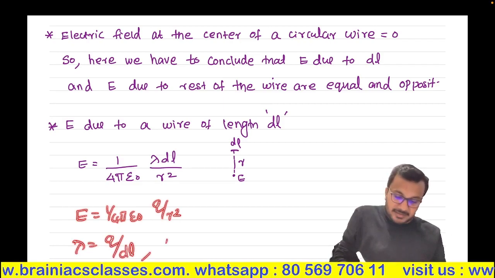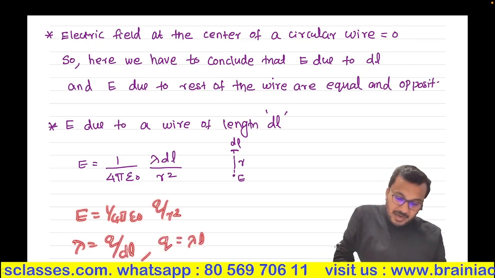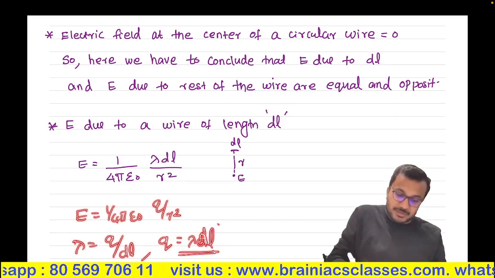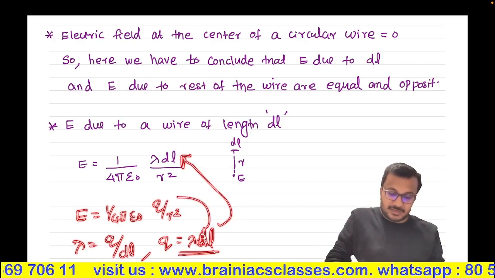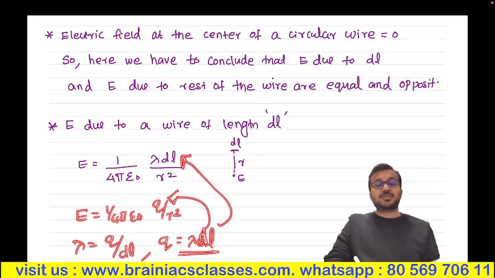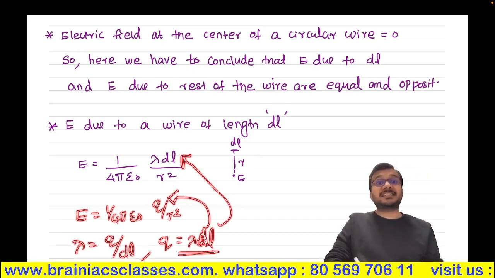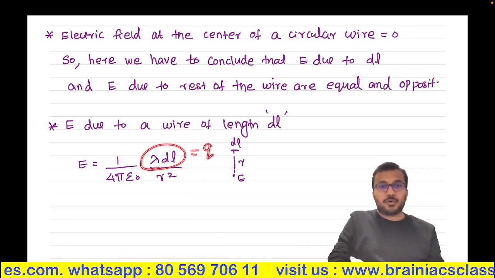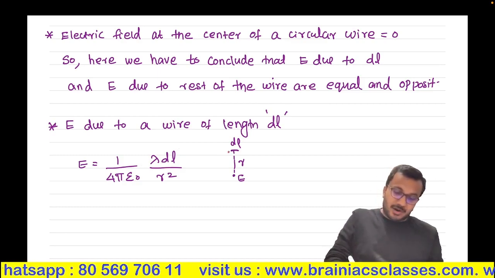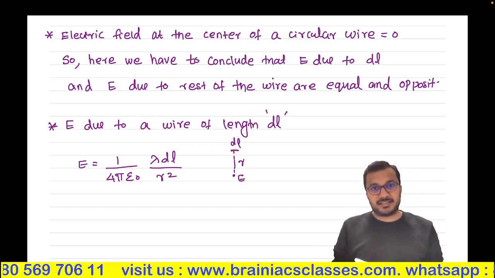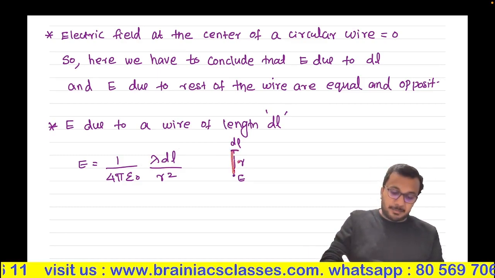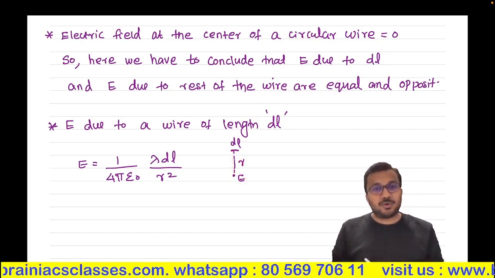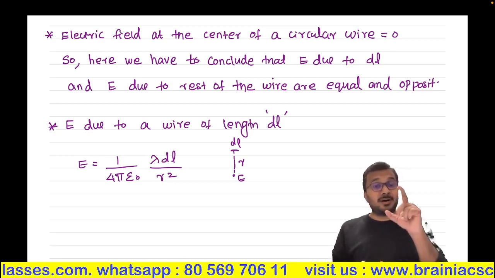So q equal to lambda into dl. So q is replaced by lambda dl. We have a small piece of wire whose length is dl, and at r meters away the electric field is E. We are calculating the value of the electric field for a small piece of the wire.